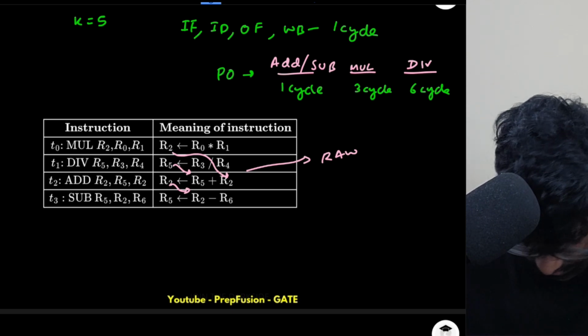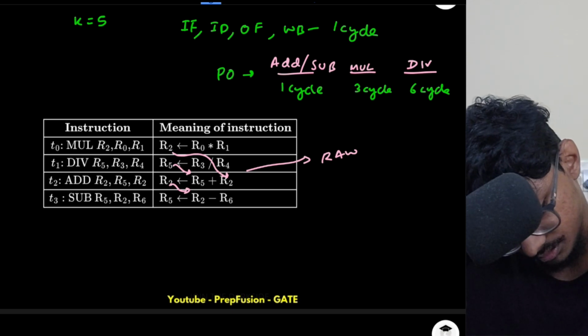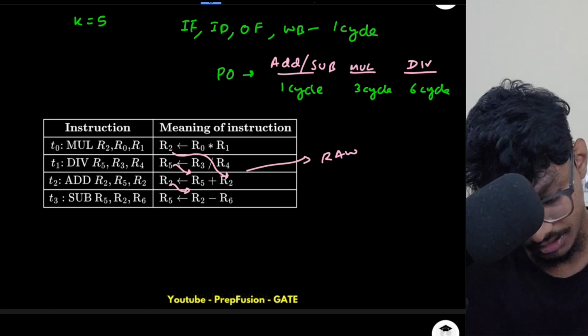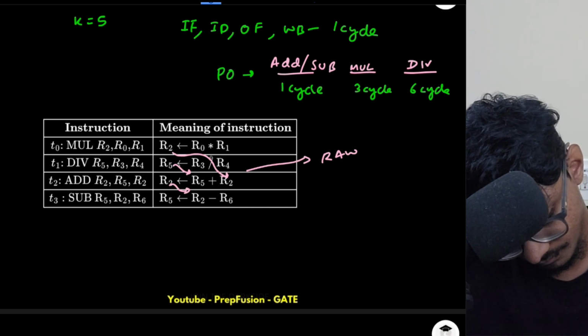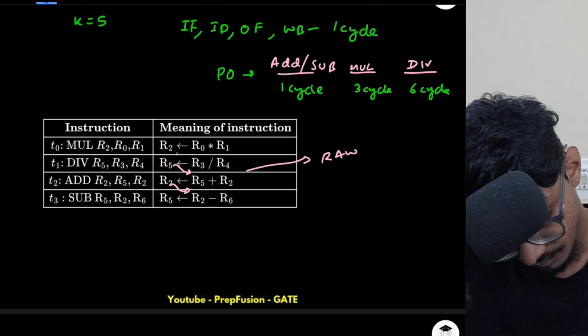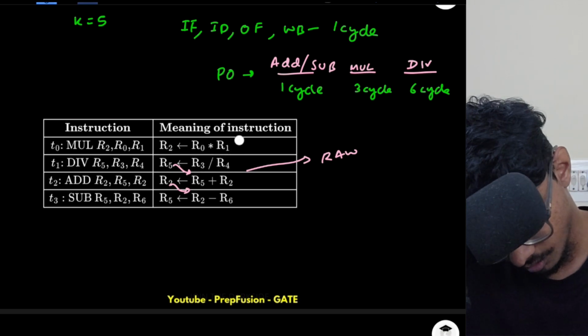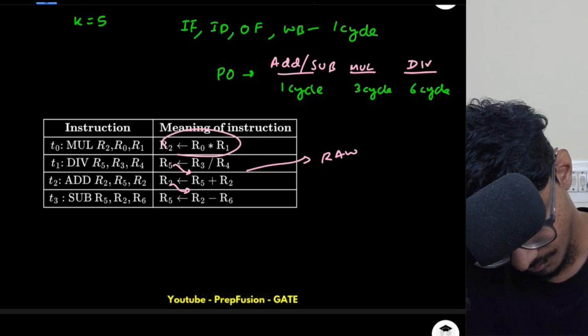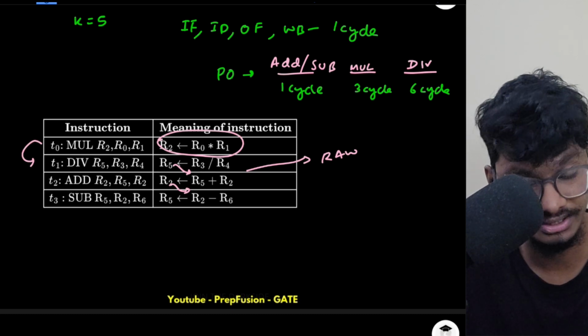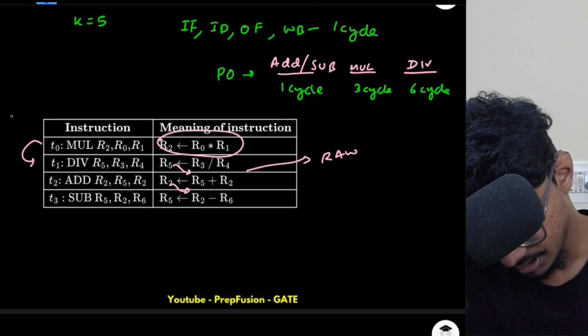Just hold on. And not R2. Actually, there is no RAW data dependency here. From here to here, there is no data dependency, but there is a hazard, right?